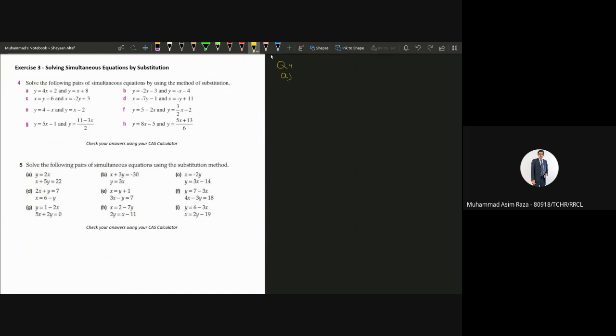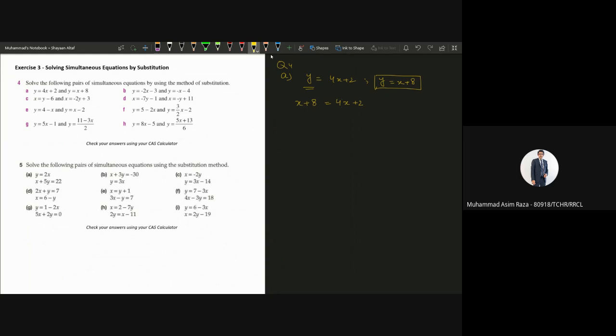For example, if you have y is equal to 4x plus 2 and another is y is equal to x plus 8, what you have to do is substitute this y over here. So you can write down x plus 8 is equal to 4x plus 2.